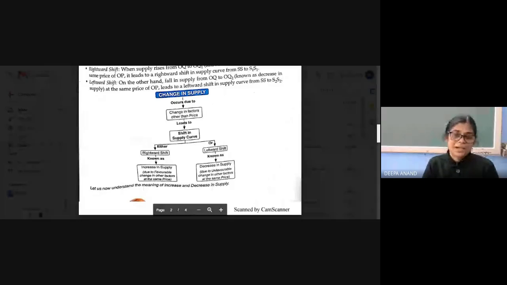This also, you can take a screenshot of, read it, understand it, and do it yourself.